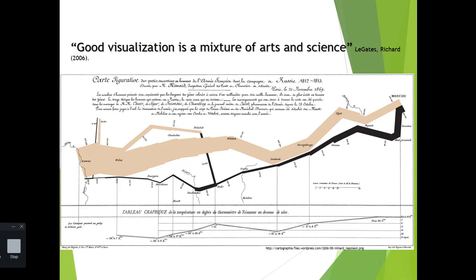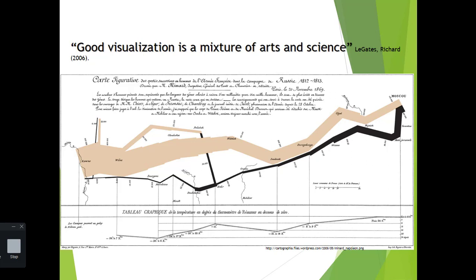So basically he crossed here. This is the side in light beige, you can see the size of his troops with certain battle points as milestones going down to Moscow.